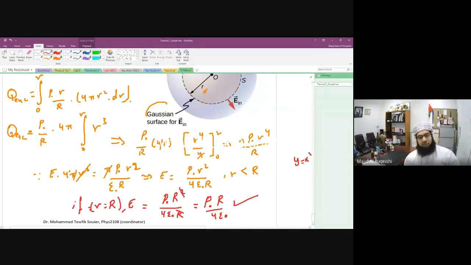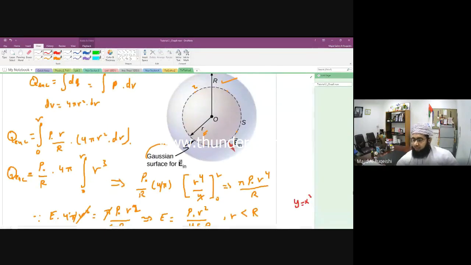If you put x equal to 2, y is 4 times. This is why we are looking at the result of the electric field as we go from the origin, from the inside, outside. We are accumulating more charges, so more electric field lines, so the intensity will be higher and higher.